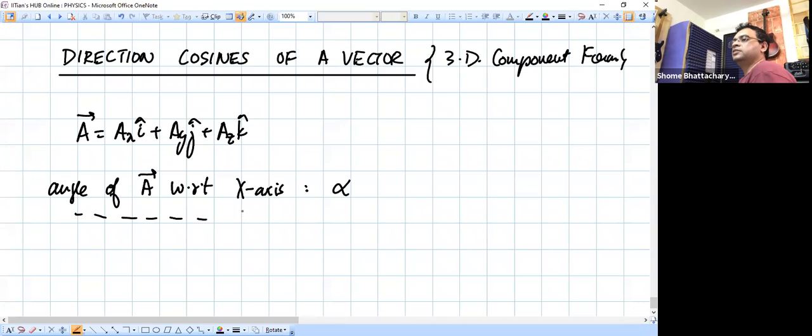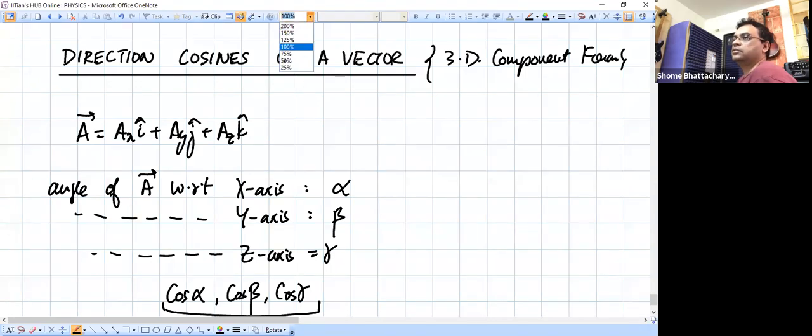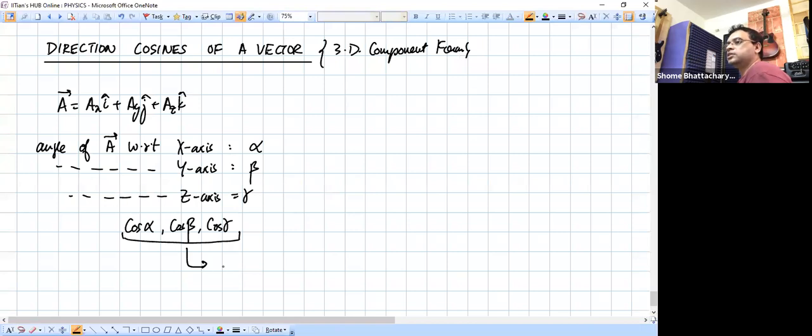Similarly, the angle with respect to y-axis is denoted by beta, and with respect to z-axis is gamma. So cos alpha, cos beta, and cos gamma are collectively called the direction cosines. That is the name we give it.